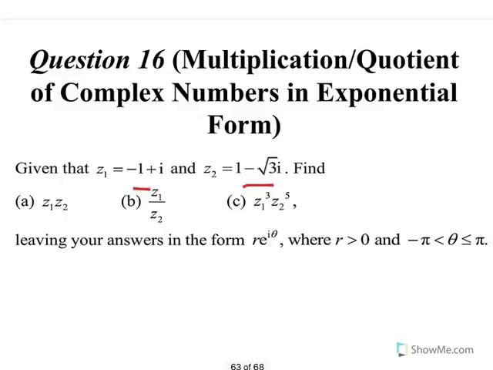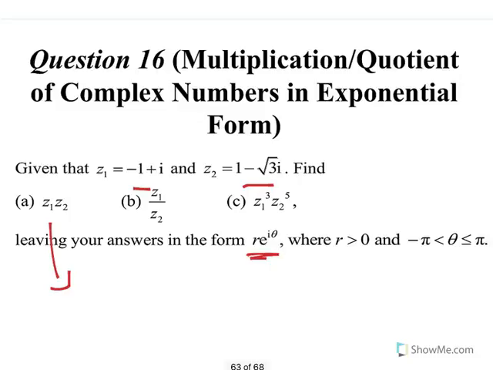Let's try doing this. Imagine that as of now, I haven't learned the polar form or the exponential form. I only know the Cartesian form. What am I going to do? Find z1, z2, leaving your answer in the form r e to the power i theta. That means I need to take some time to find the theta and the modulus.